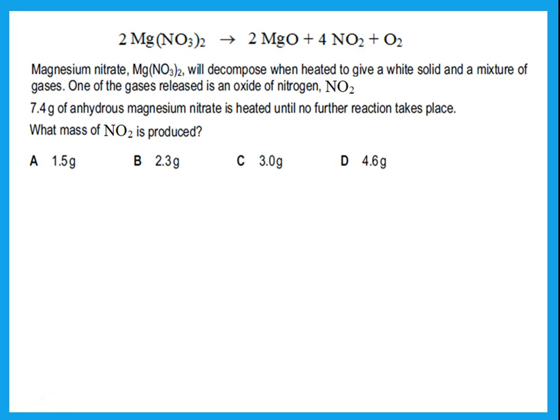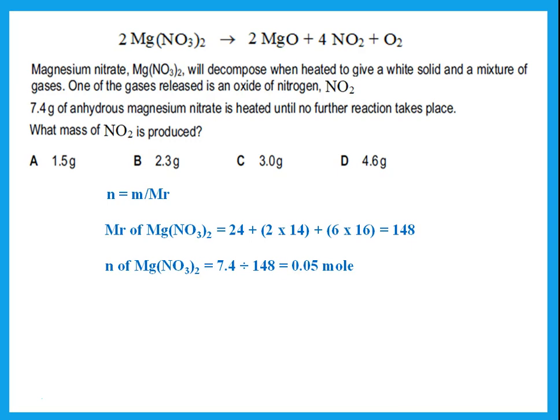Again, if he gives me mass of something, the first thing I need to do is get the number of moles. This is from mass, so number of moles is mass over molecular mass. I calculate the molecular mass of magnesium nitrate, and then I divide the mass over the molecular mass, and we find that the number of moles is 0.05. The next step would be, what is he asking about? He's asking about NO2.